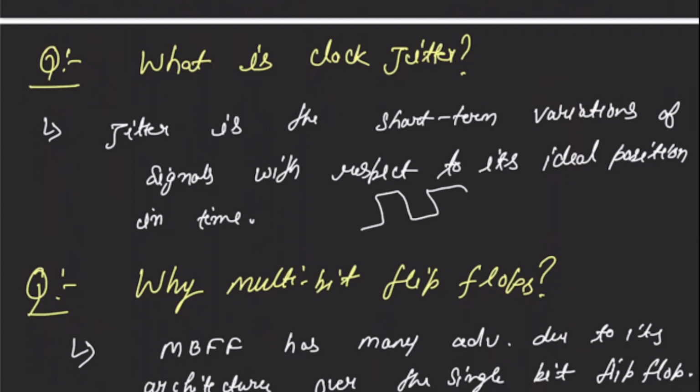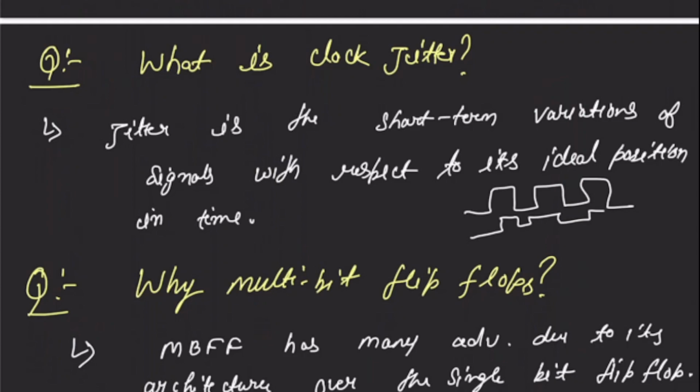If the clock period is like this, and if we are getting it like this, it will be displaced from its original location. So we call it jitter.